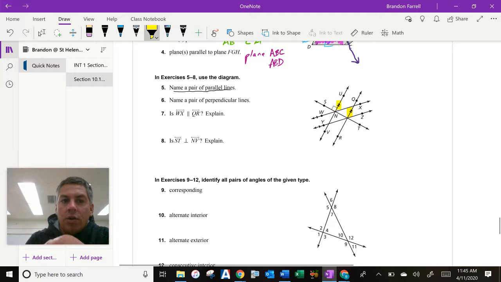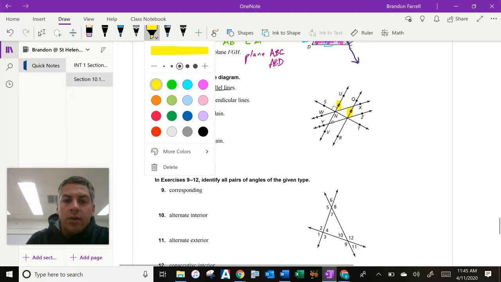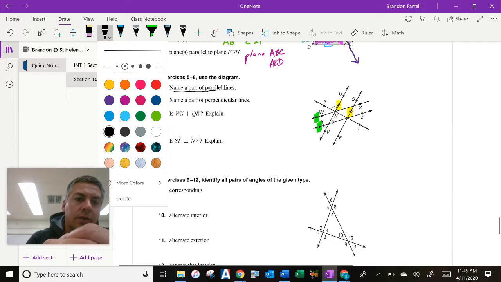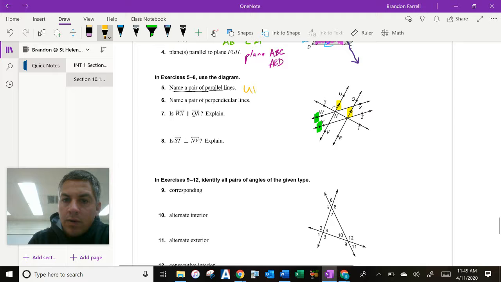And then also, if you were to look at these lines right here. So using the same colors to create those diagrams, we're going to use lines parallel. We're going to be UV, and RQ.